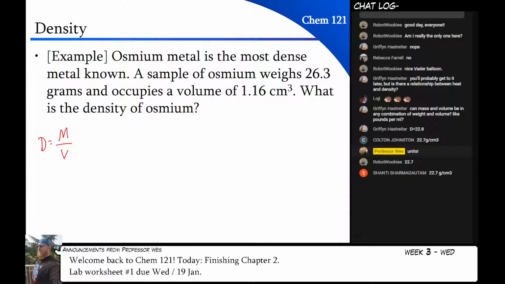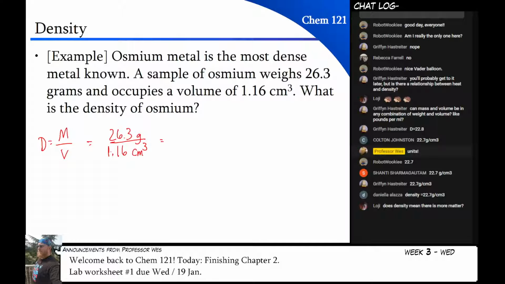All right, we got some answers coming in. Let's go over this together. If mass is on the top and volume is on the bottom, then I'm just going to divide these two numbers together, and that's trivial to do. 26.3 divided by 1.16.